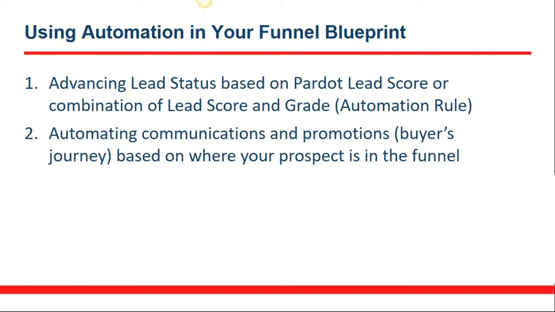How can they be more successful with your product or service? And then after that, there may be certain signals, depending on how your system is built, where we know that this person is satisfied, and maybe we can send them some sort of a referral program or loyalty program. So there's a lot of ways that you can use Pardot, and automating the communication in these life cycle stages or that funnel blueprint is a really great way to strengthen and grow your sales.